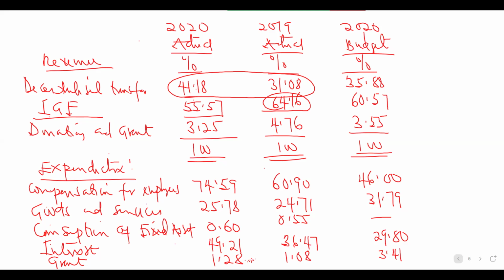Okay, so after saying this, what do you think is the cause for this particular reduction? We've not fulfilled the conditions attached. Okay, so one factor can be failure to fulfill the conditions attached to the grants.